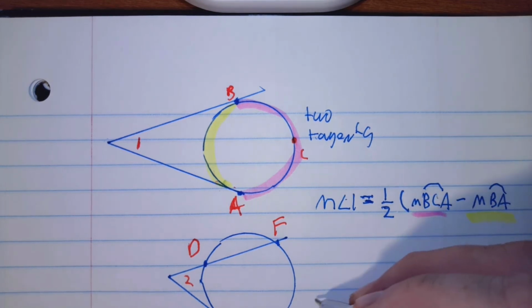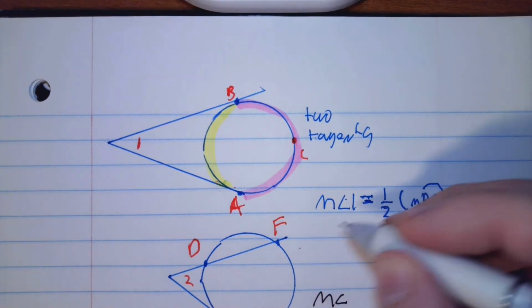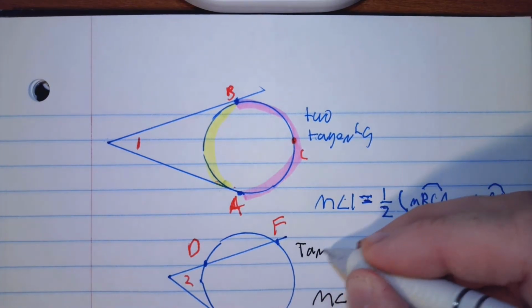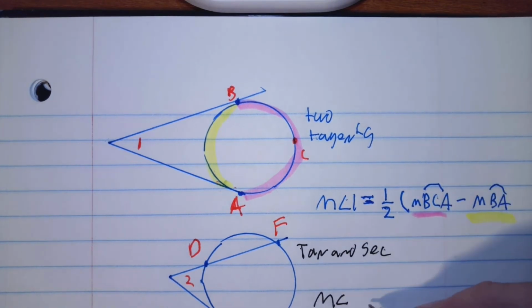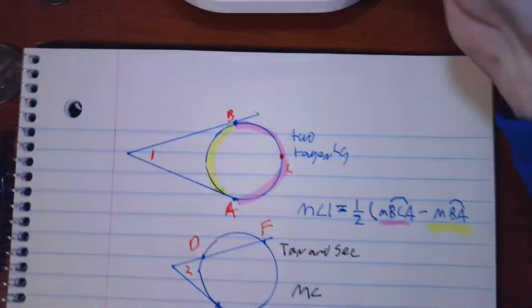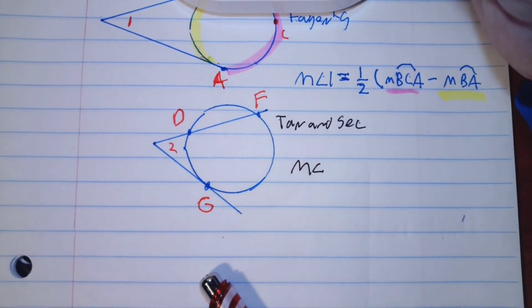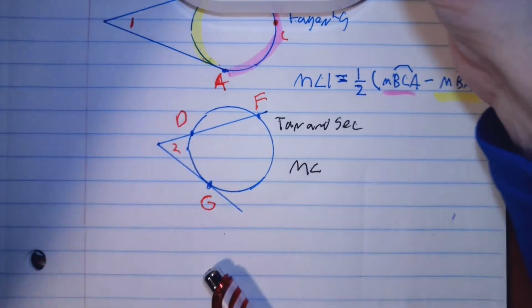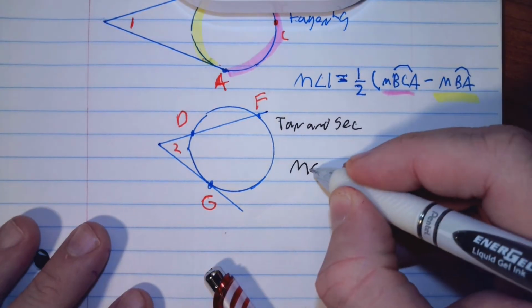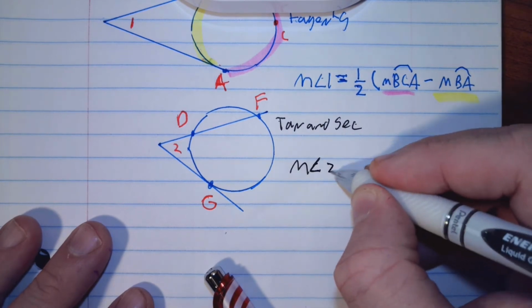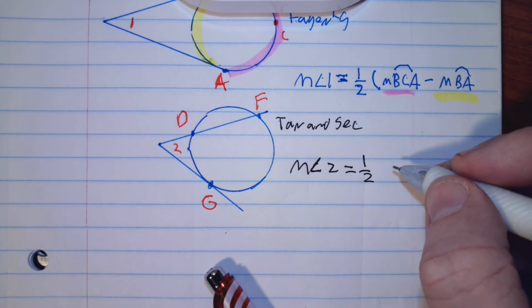The formula is going to be measure of angle 2, and I should have put a tangent and secant. So that's a tangent and a secant. And before I start writing, I need my little pad here. Measure of angle 2 is going to equal 1/2. And this is a little bit different.